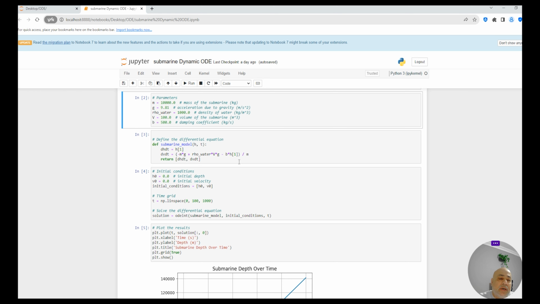I needed to return both dh by dt and dv by dt, which are the second and first differential equations.